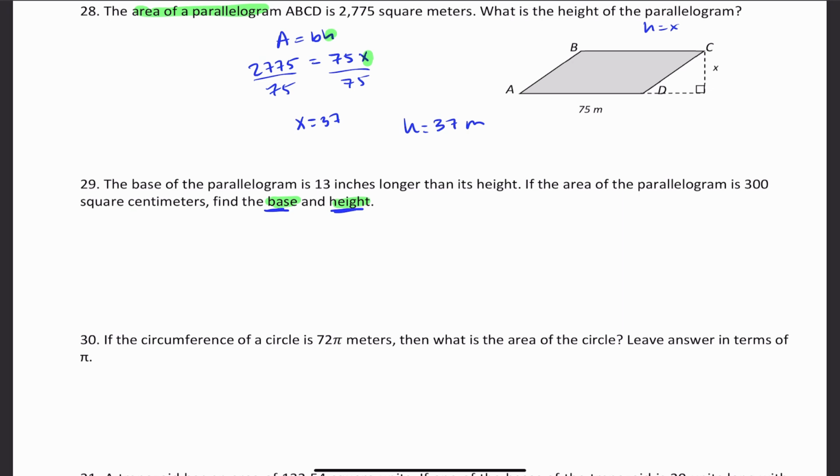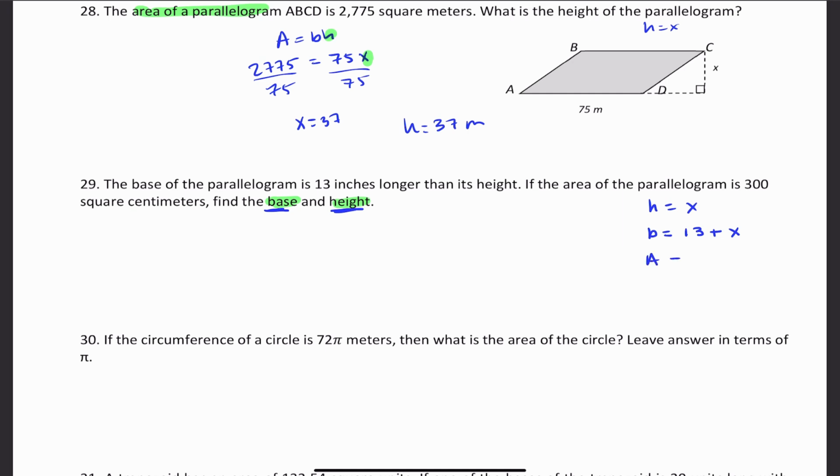I'm looking at the word problem. I don't know what the value of the height is, so that is going to be my unknown. So let h be my unknown, or x. And the base of the parallelogram, again, is 13 inches longer than its height. So the base is 13 inches plus x, right?